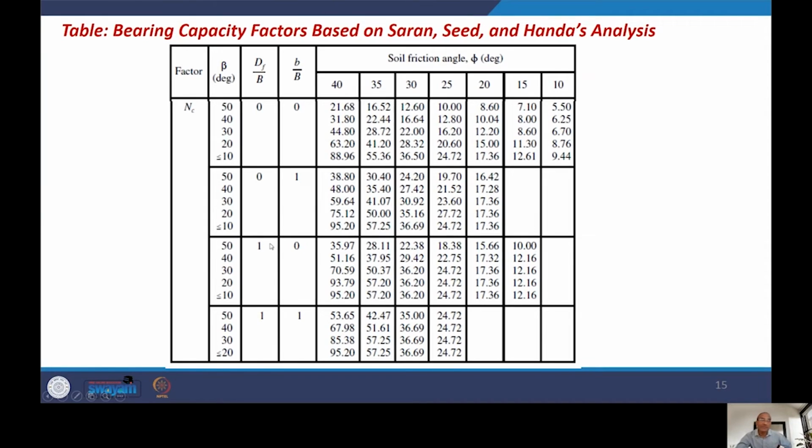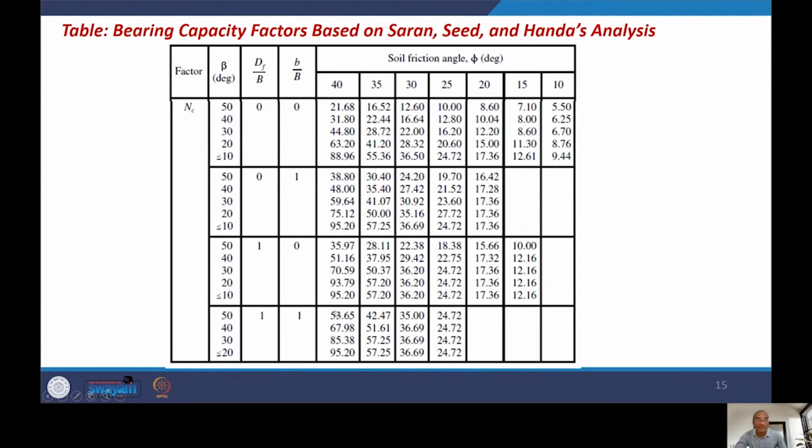So when Df by B equal to 1, you can use this, and then you need to see the setback distance. If you have the case where your depth factor is 1 and the setback distance is also 1, in that case you can find the bearing capacity from this column and this row.